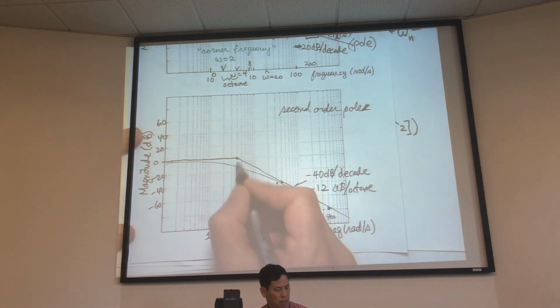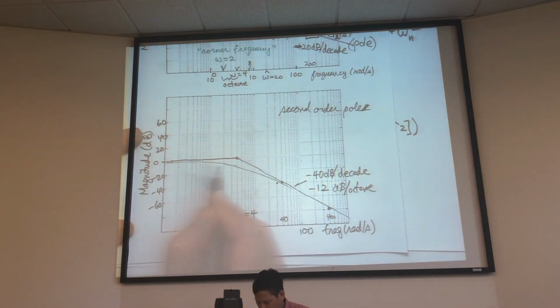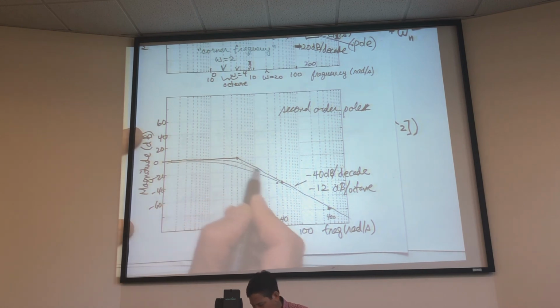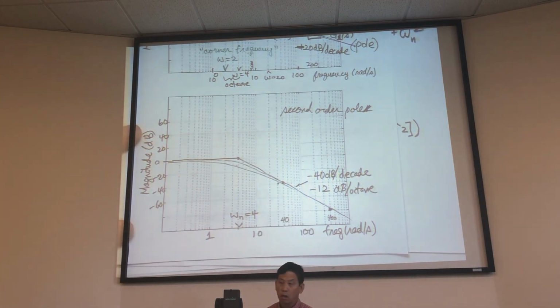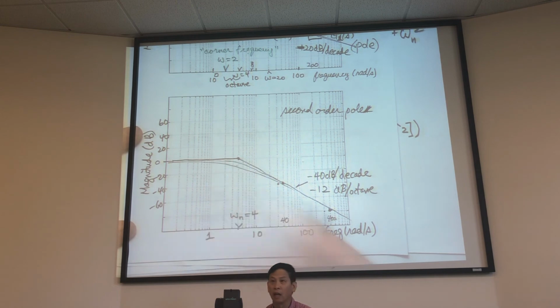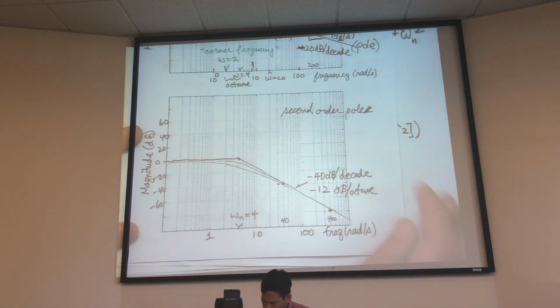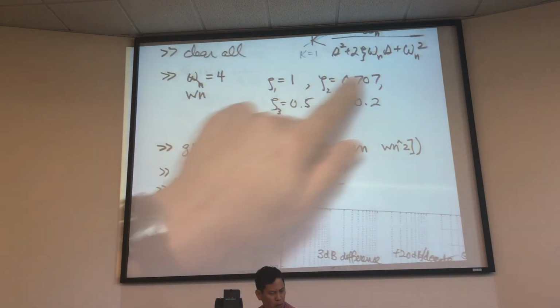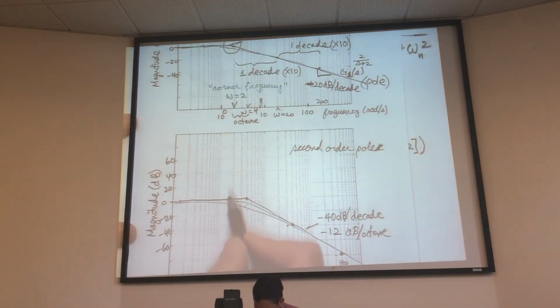The error here is going to be 6 dB. For zeta equal to 0.707, it's going to be a little higher, like so. That is the smallest damping factor we can get before this thing starts peaking up. For 0.5, it should bulge up a little bit over this flat line and then fall back down.